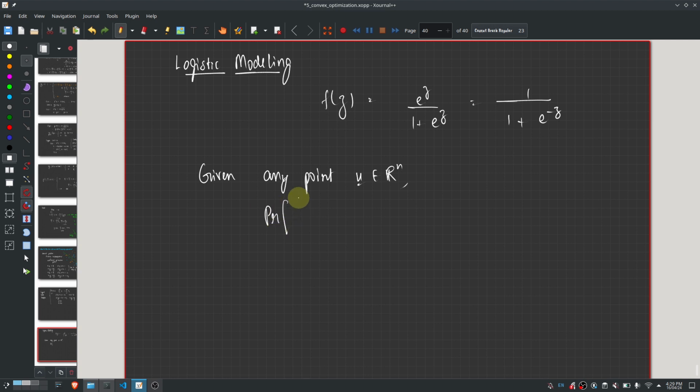The probability that u belongs to class 1 is equal to e to the a transpose u minus b divided by 1 plus e to the a transpose u minus b.